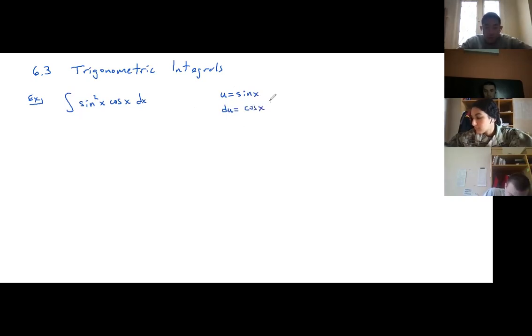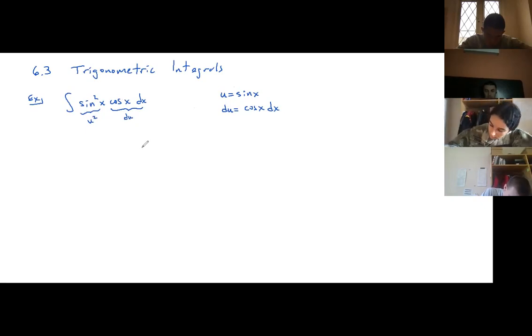Cosine x dx. And I look at that and I say, in terms of substitution, that lays everything out for me, right? This is du, and this is u squared. Again, substitution says take a complicated looking integral, rewrite it as something that looks simpler. This becomes the integral of u squared du.